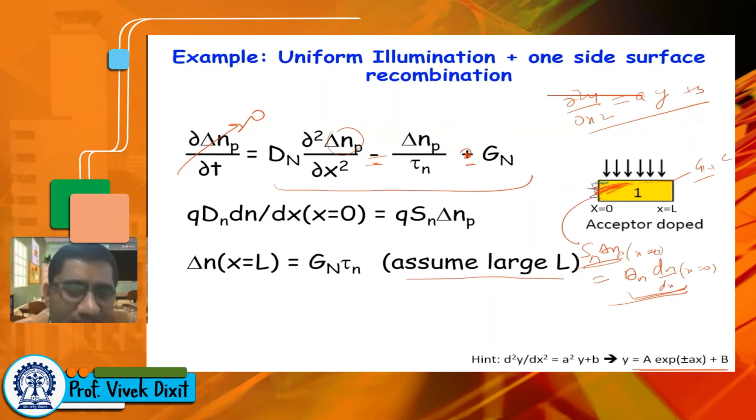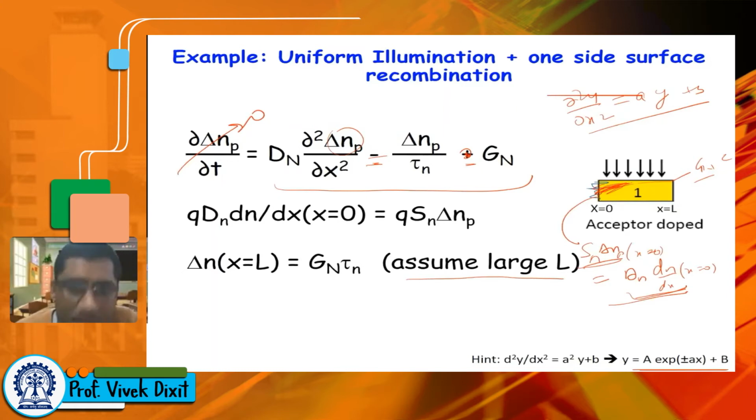So it can be plus ax and minus ax. If you assume both solutions, and x is large, then e to the power plus ax will become very large, so that we have to rule out.